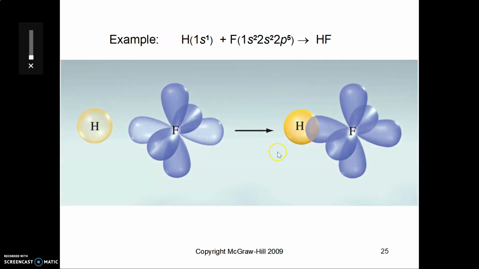So we get that sp overlap that we were talking about. Okay, so you've narrowed down the probability of electrons to this region here, which makes sense because if these electrons are going to be shared in a bond, they're going to have to be near each other. So of course now we've cut down on the chances of finding them outside of this region.